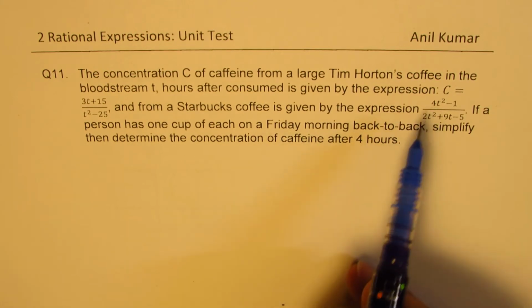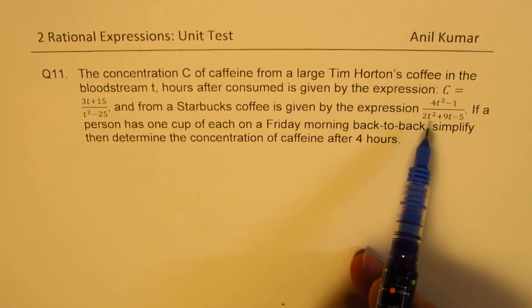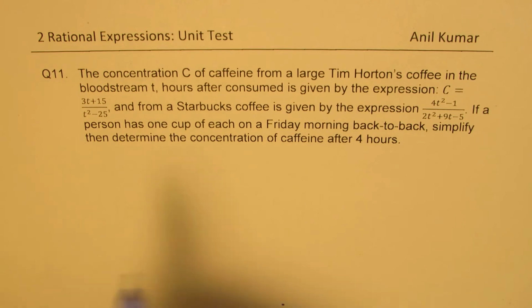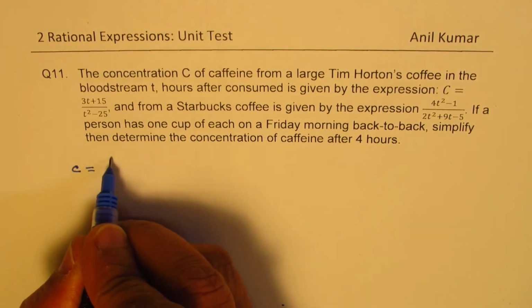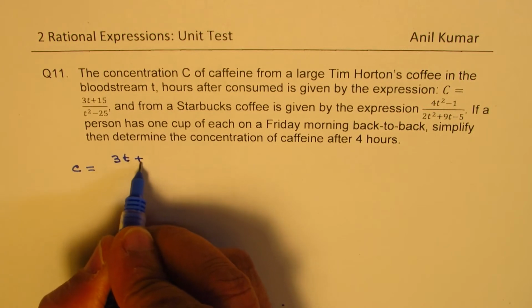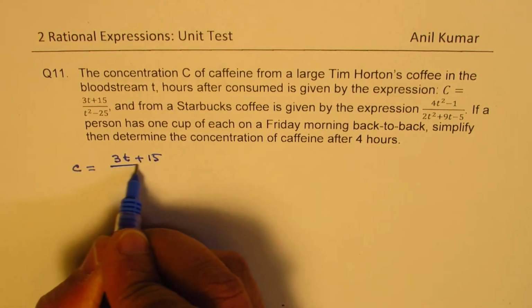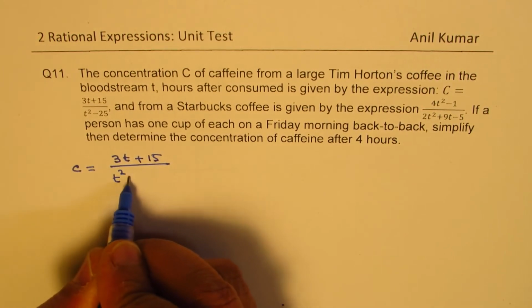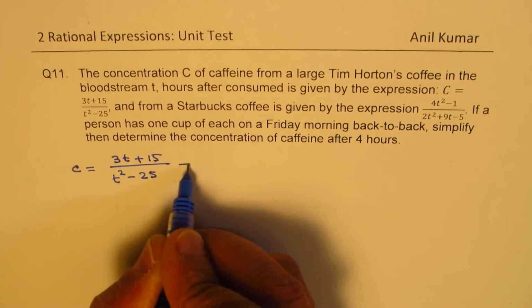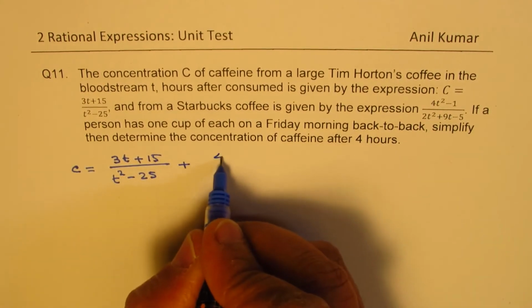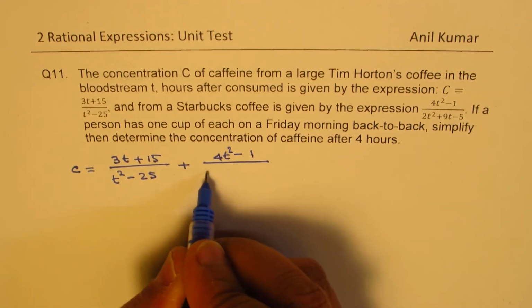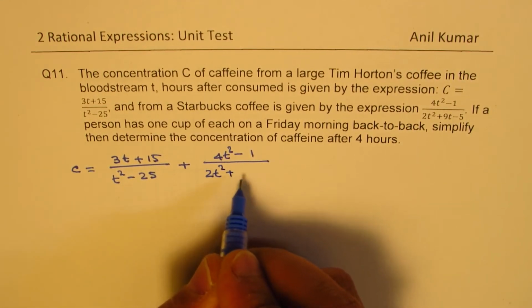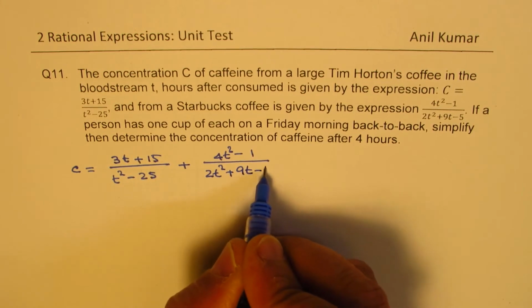So the person had both the coffees back to back, so we have to add them, right? So the concentration will be, you have to add both the expressions, which are 3t plus 15 over t square minus 25 plus the other one, which is 4t square minus 1 over 2t square plus 9t minus 5.